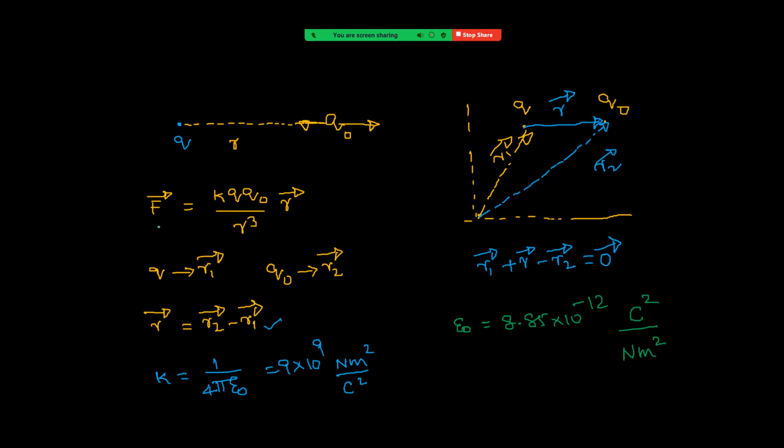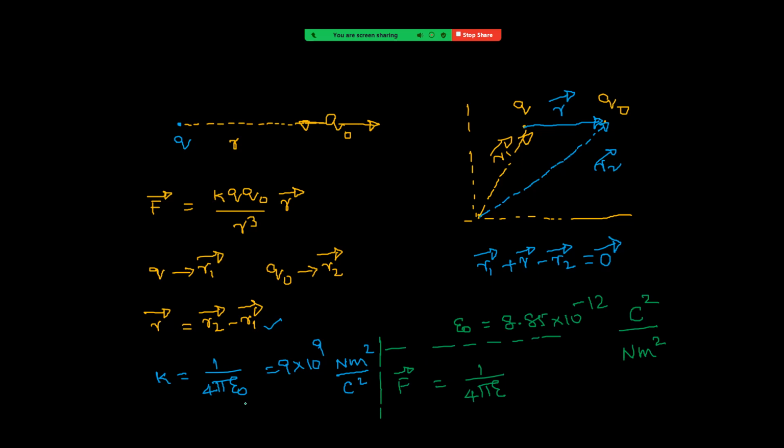So this is the expression for force of attraction or force of repulsion between two charges when they are in air or vacuum. But if we place these charges in some other medium, then how to calculate it is given by this. So in the place of F bar, if we are placing in some other medium, we are going to write F bar equal to 1 by 4 pi epsilon.